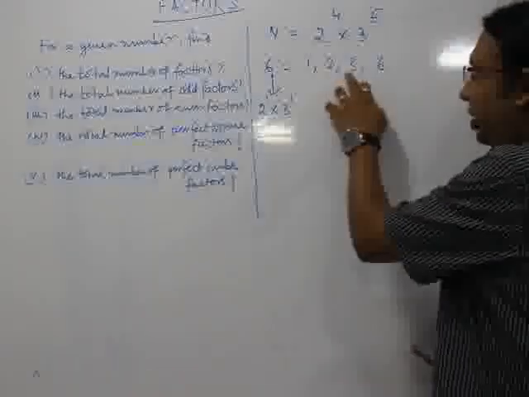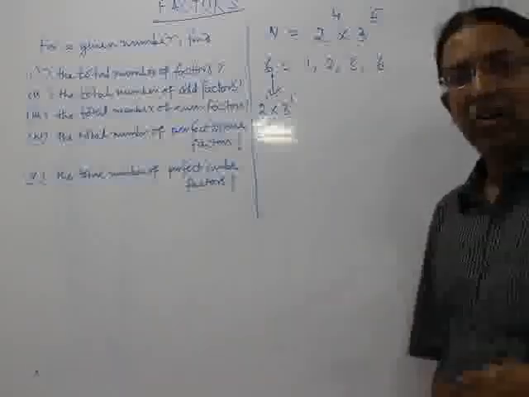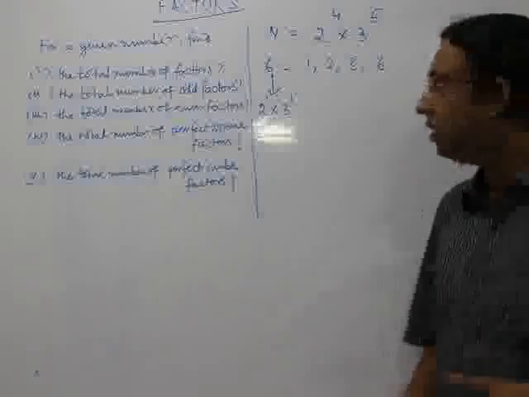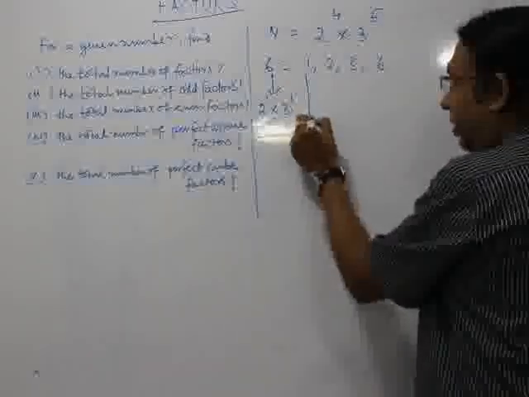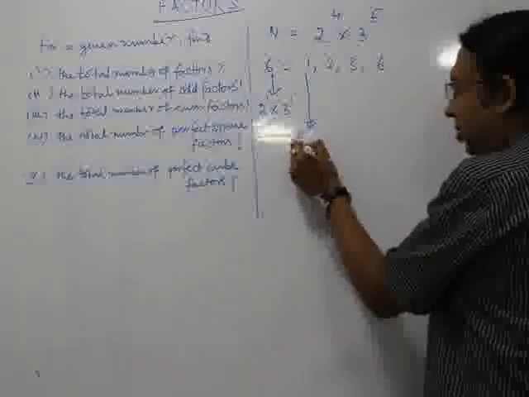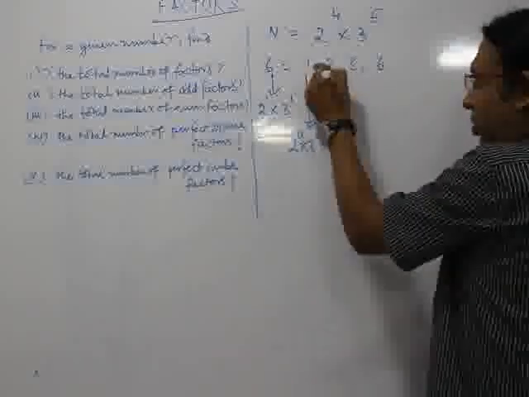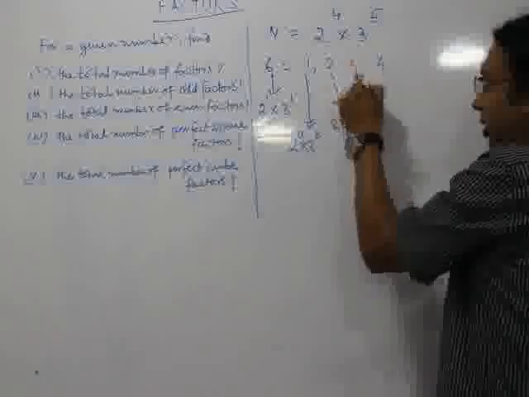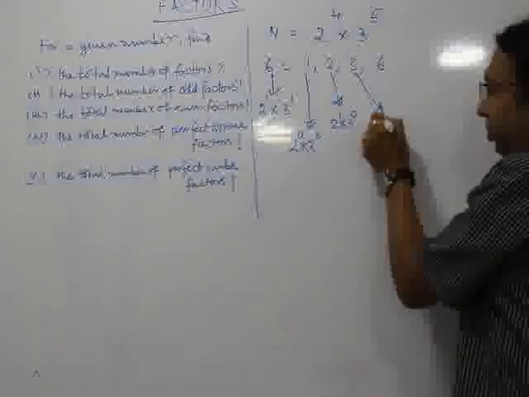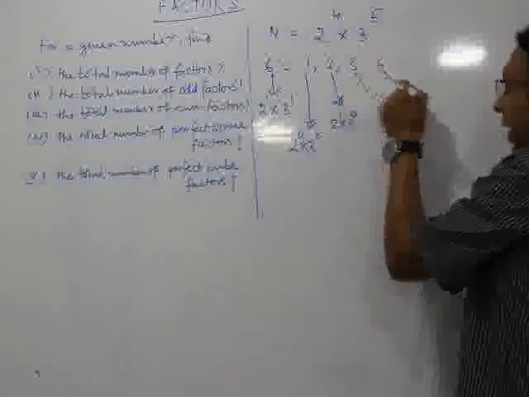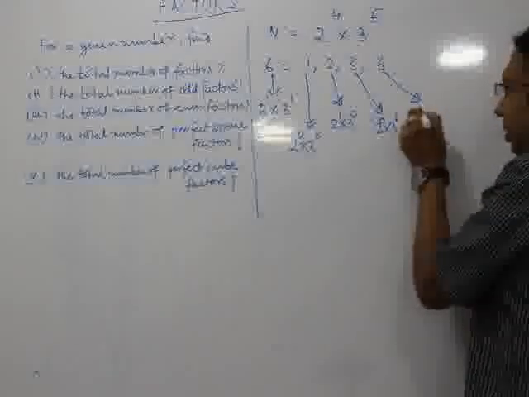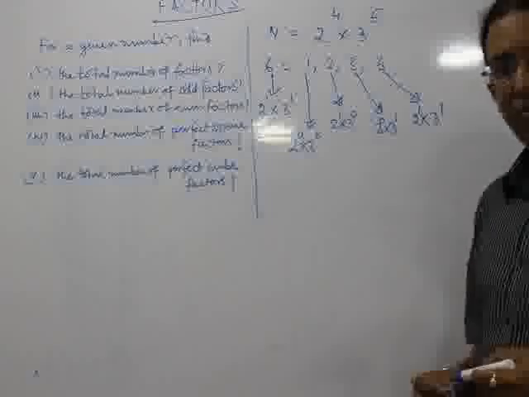These 1, 2, 3 and 6 are nothing but a combination of a 2 and a 3's power. Like 1 is nothing but 2 to the power 0 into 3 to the power 0. 2 is nothing but 2 to the power 1 into 3 to the power 0. 3 is nothing but 2 to the power 0 into 3 to the power 1. And 6 is nothing but 2 to the power 1 into 3 to the power 1.